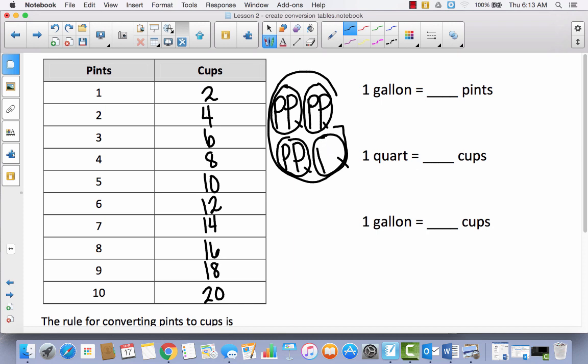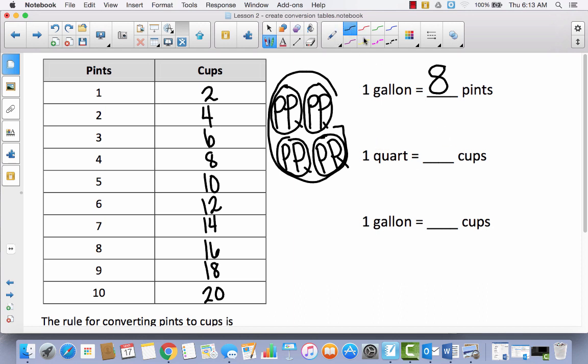So how many pints would be in the whole gallon? There would be 2, 4, 6, 8. Okay, now it wants to know how many cups are in a quart.